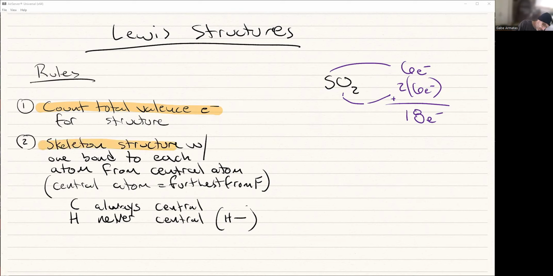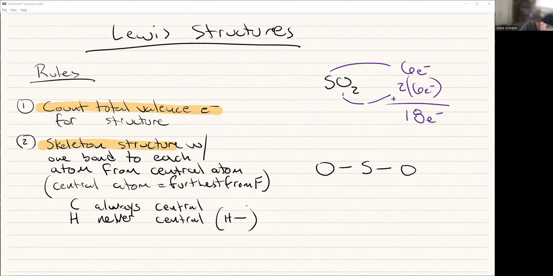So in this case, sulfur is further away from fluorine than oxygen is. And so I'm going to put sulfur in the center. And I'm going to create 1 bond to the 2 oxygens that I have. I'm just going to spread them out as much as I can. Let's just distribute them as evenly as we possibly can. Okay, so a couple of things.